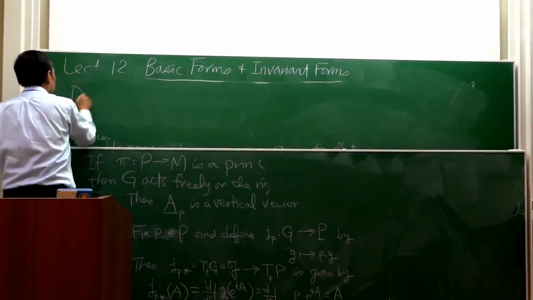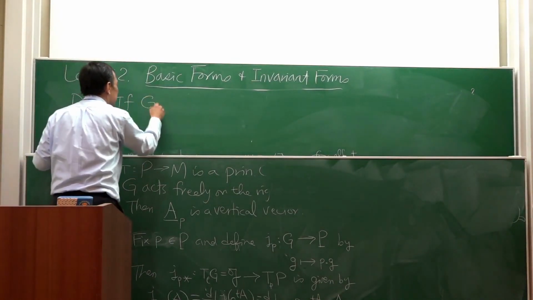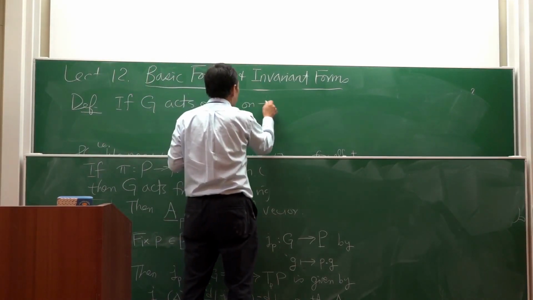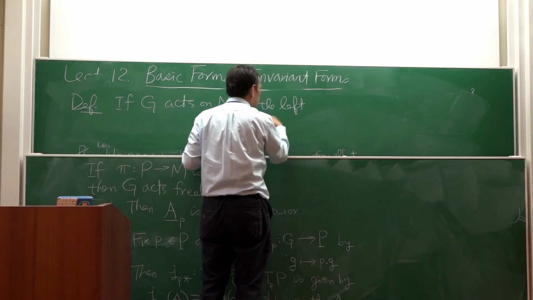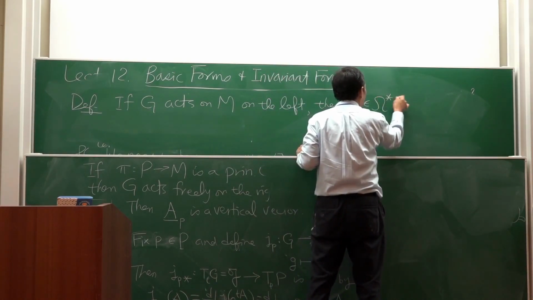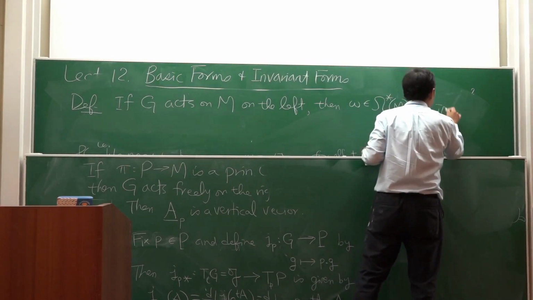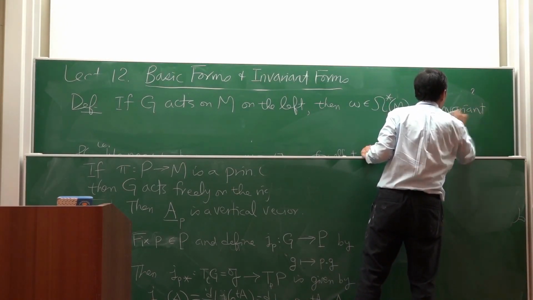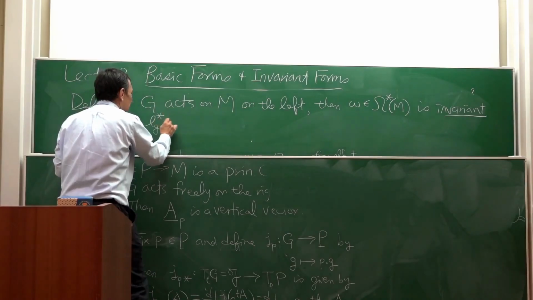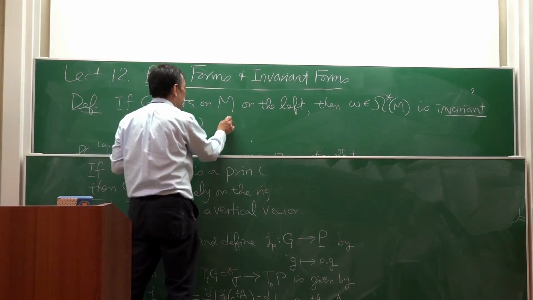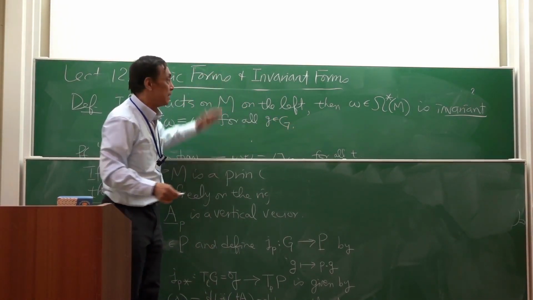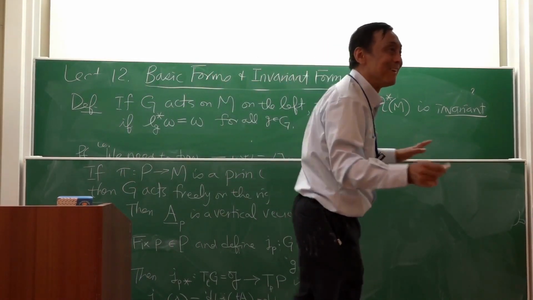Definition: if G acts on M, usually we look at left actions, then omega in M is invariant if L_g star omega is equal to omega for all g in G. And if it acts on the right, then you would use R_g star.